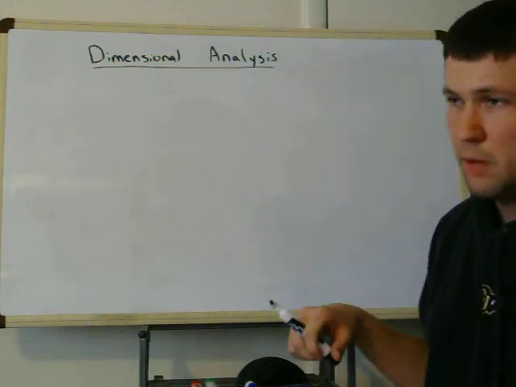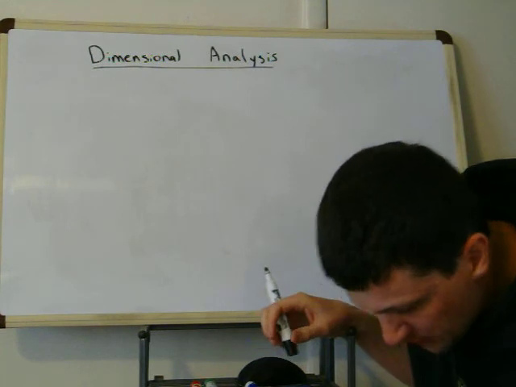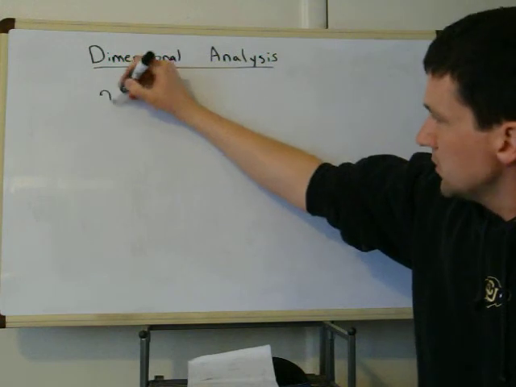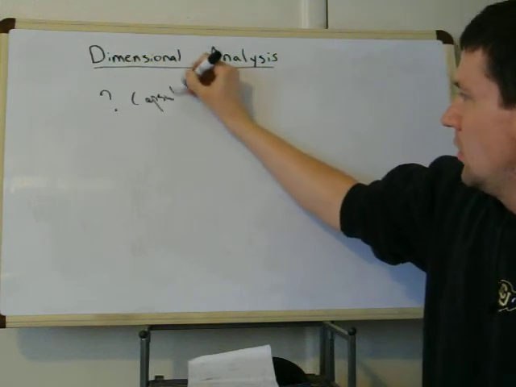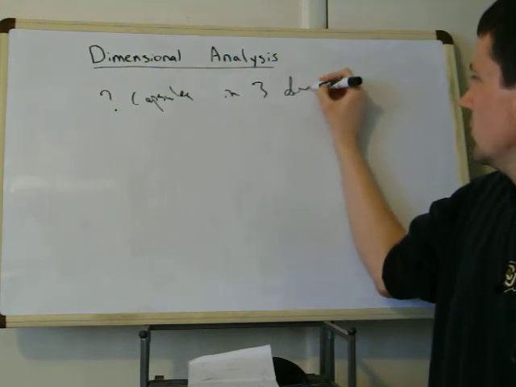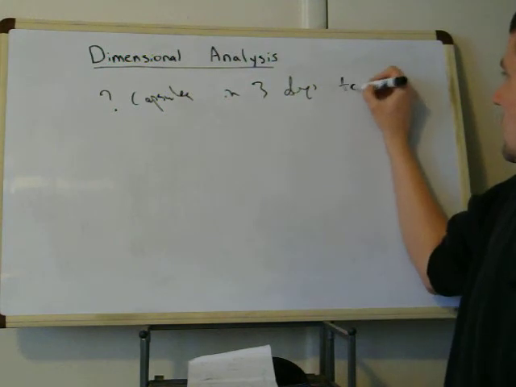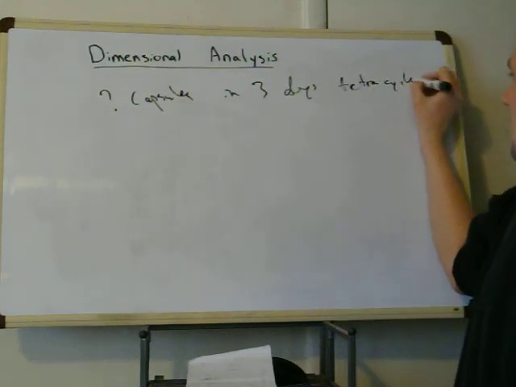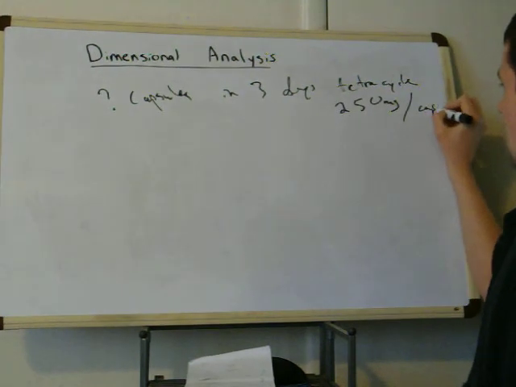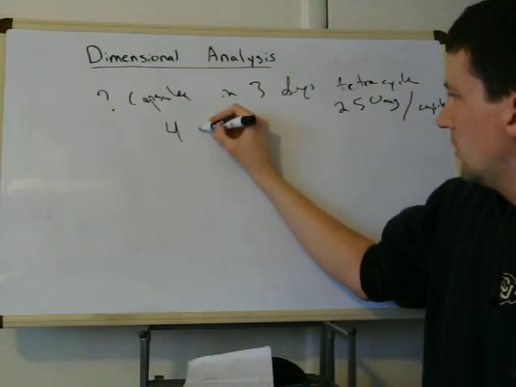Alright, so there's another problem that comes from the book. It's actually number 21 in chapter 10. So we'll go ahead and do it. It's asking for how many capsules are given in 3 days of tetracycline, 250 milligrams per capsule, and the directions are 4 times per day.